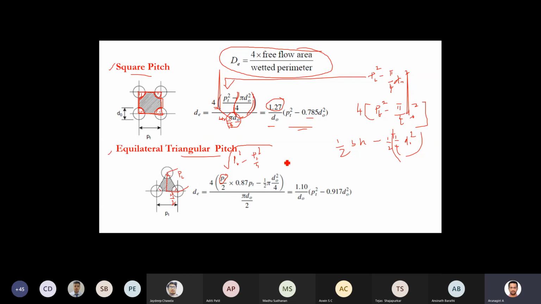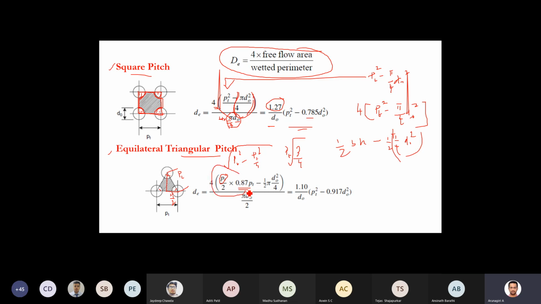So what will you get? Root of 3 by 4 into PT. So that is your H. B is your PT. So PT into H you will get root of 0.75, which is 0.87 PT square. So this is the way you can calculate.